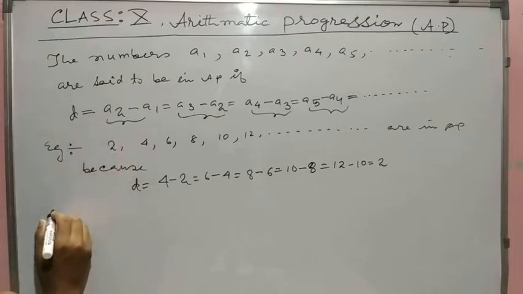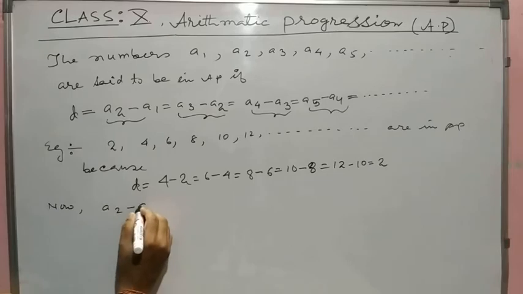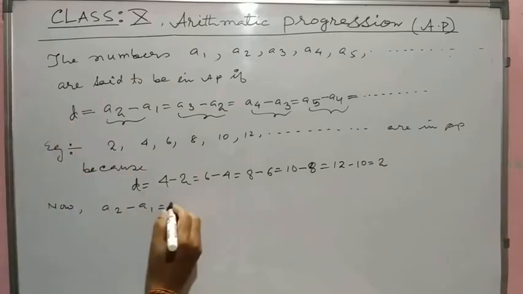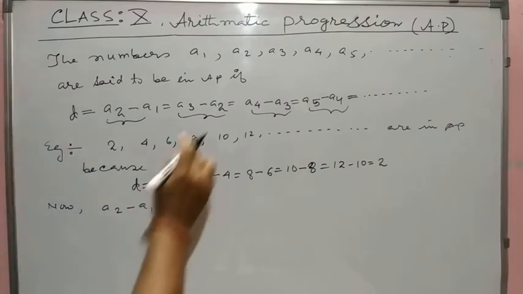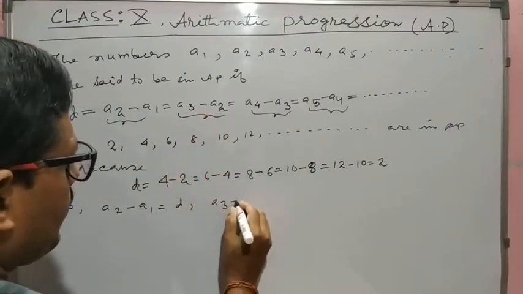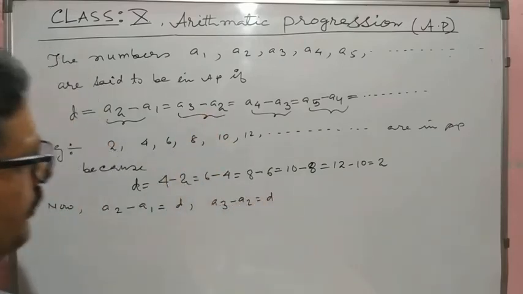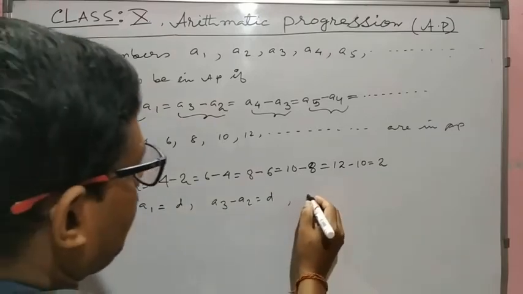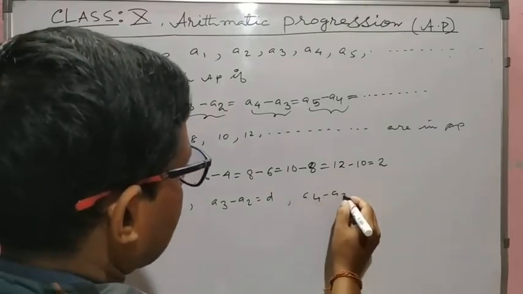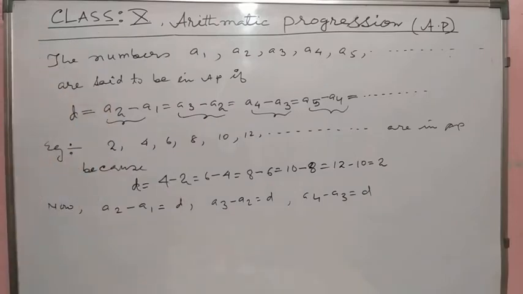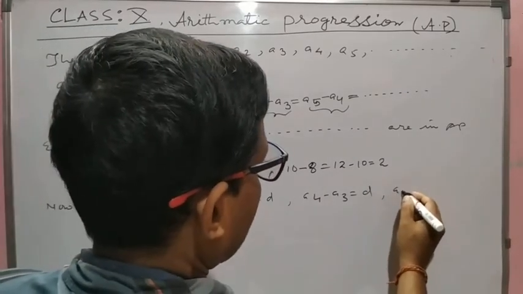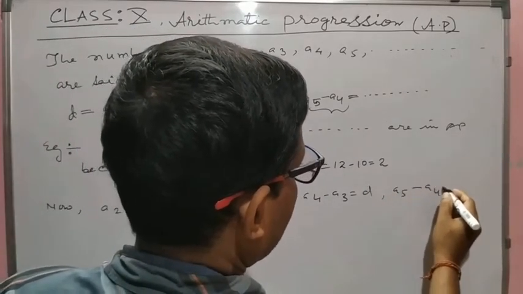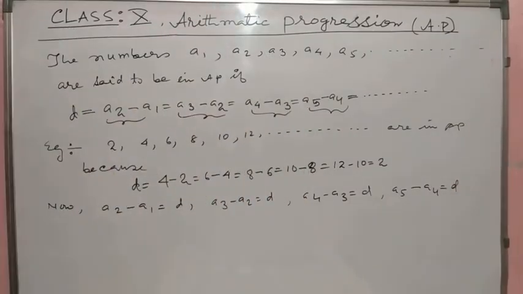Next, let us see something. Here you see, second term minus first term equals common difference. Again, third term minus second term, that also is common difference. Again, fourth term minus third term, and fifth term minus fourth term, also common difference.